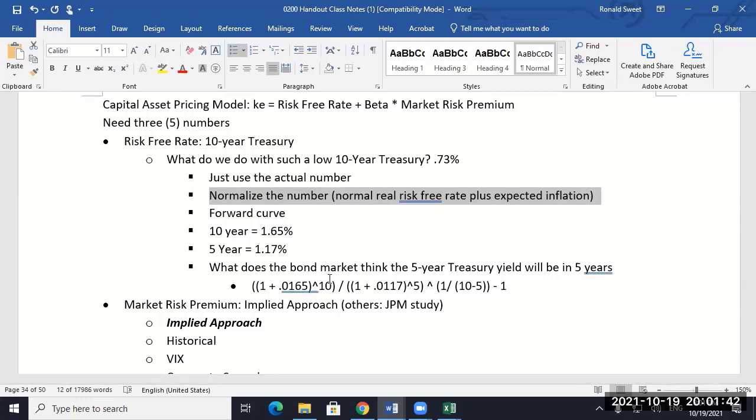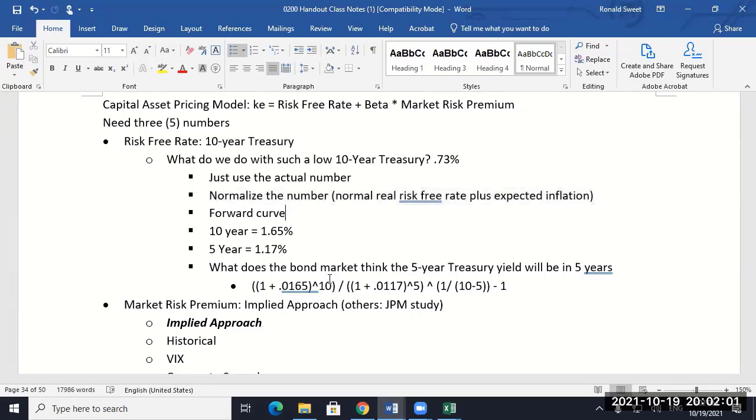Should give you some kind of real rate of interest plus some expected inflation. We're not even getting expected inflation right now. So that's the normalized. But if you do the normalized, you're going to get a number in the 3.5% to 4.5% range, which to me seems ridiculously too high, given that we've been well below that for a decade now.